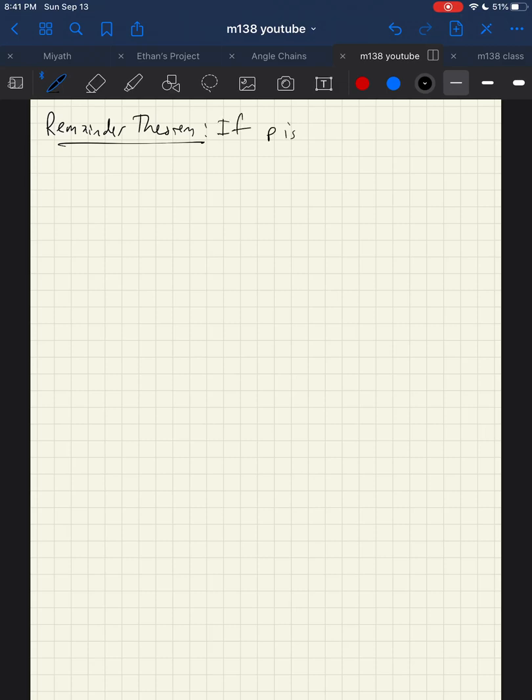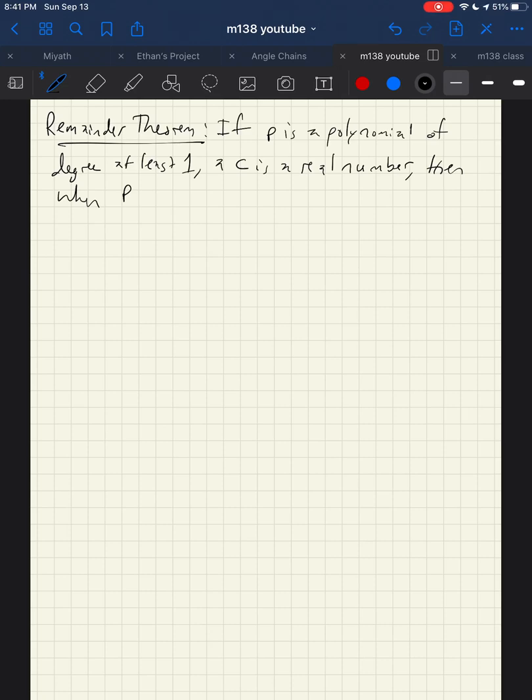The remainder theorem just says, if p is a polynomial of degree at least 1, and c is a real number, then when p is divided by x minus c, this binomial, the remainder is p of c.